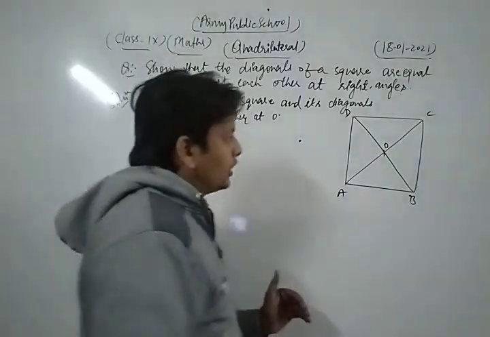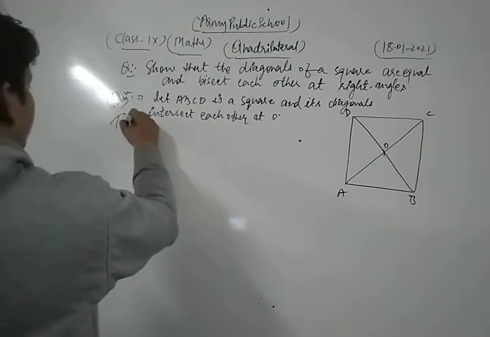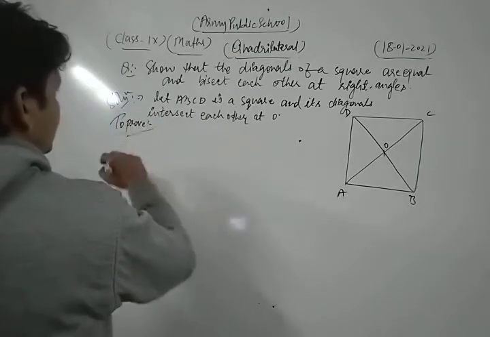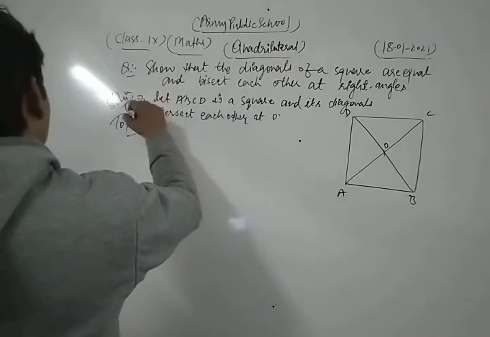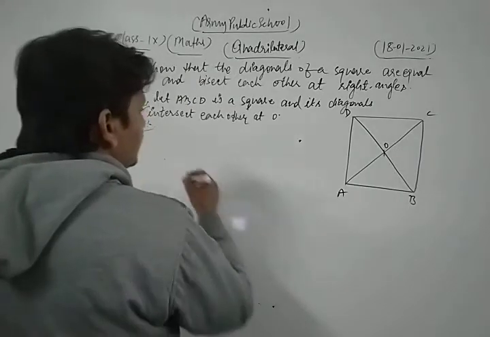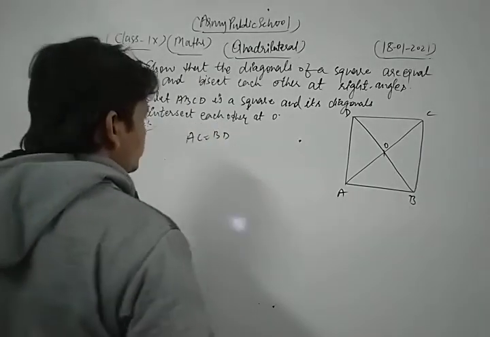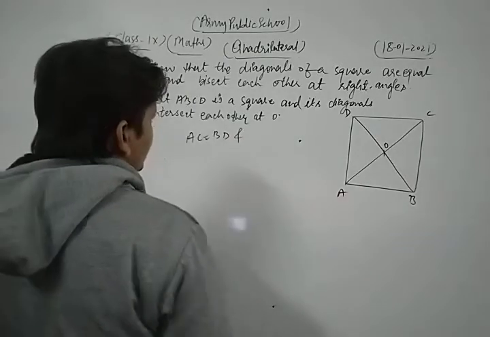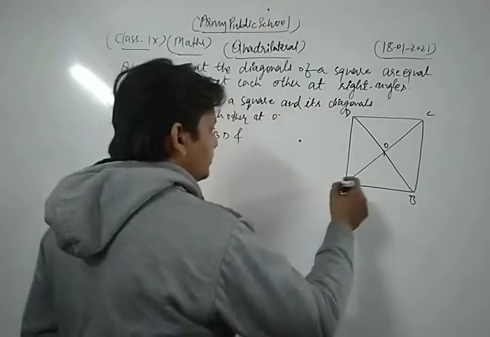Now, what do we have to prove? This is the given. We have to show that the diagonals of the square are equal, which means we have to show that AC is equal to BD, and that they bisect each other at right angles.